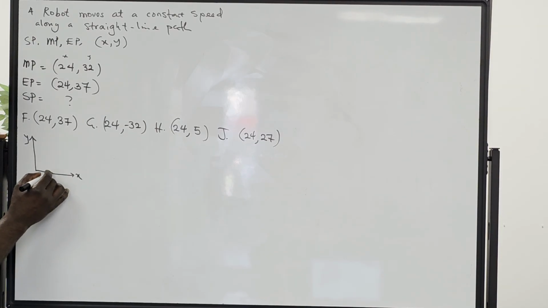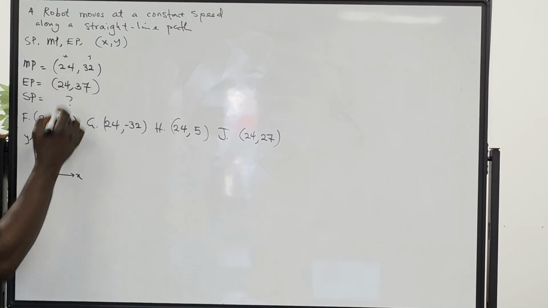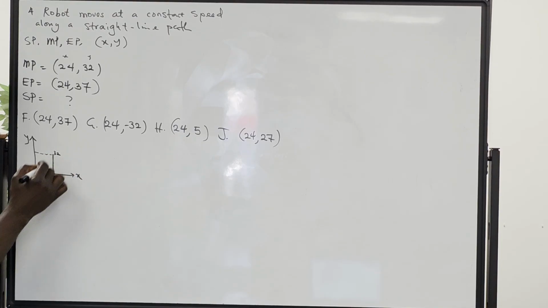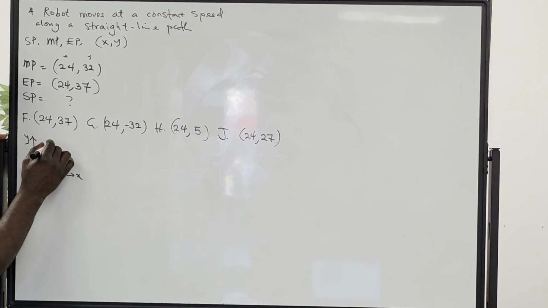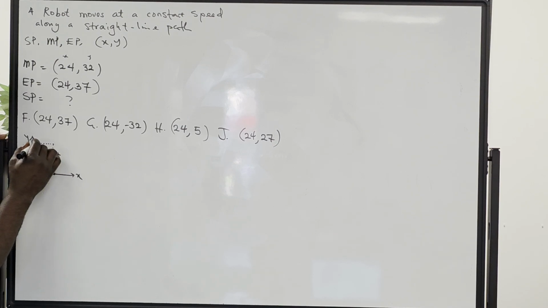Let's say the starting point is right here. We don't know where it's at, but we know that the robot was right here and went all the way up to here. Let's call this point the middle point, 32. And then the robot kept moving and stopped right here.